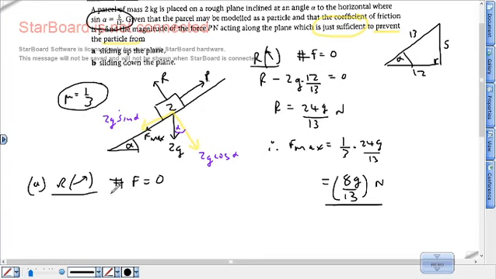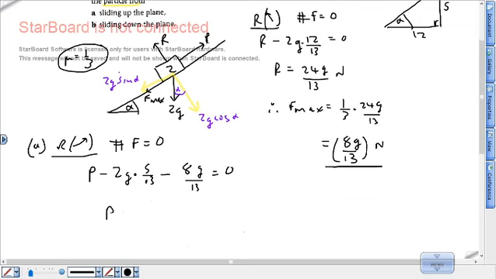So net force is P minus 2g sin alpha, so 2g times 5 over 13, nothing else acting there, minus your F max, which is 8g over 13, is equal to 0.